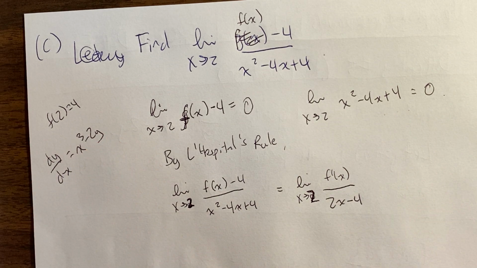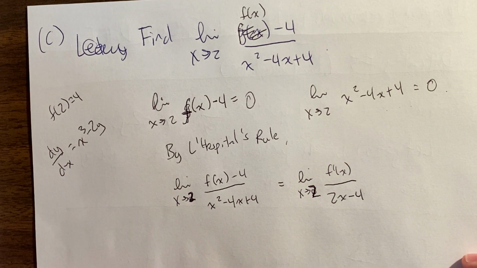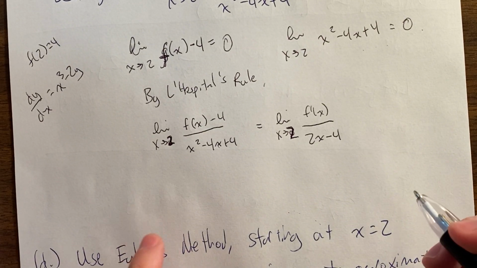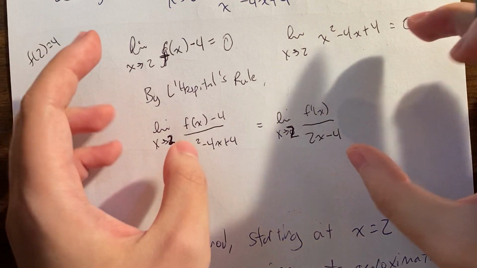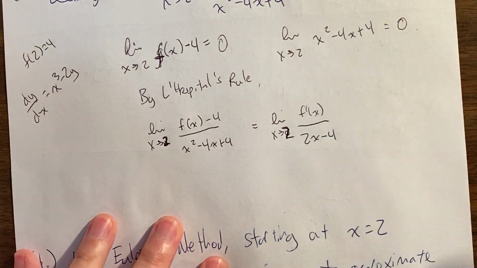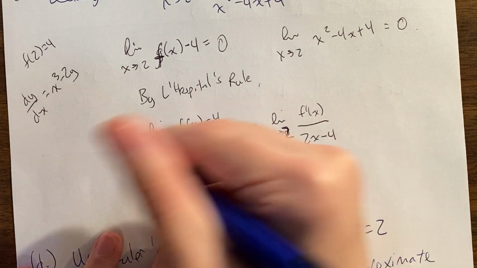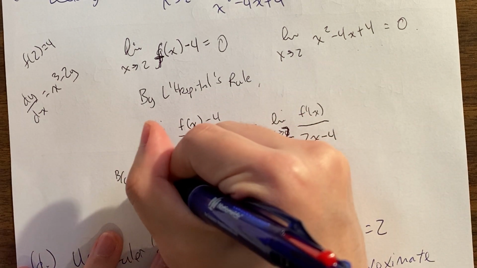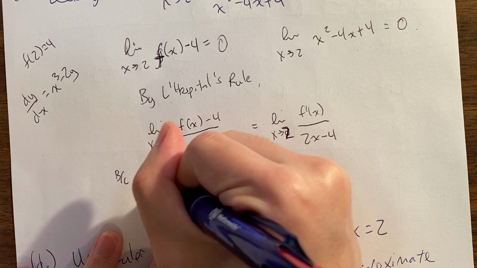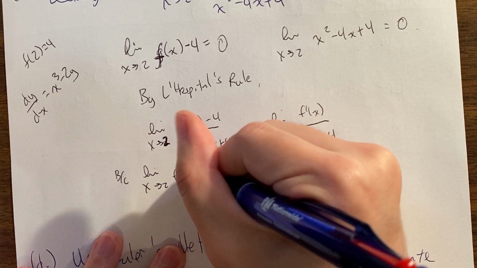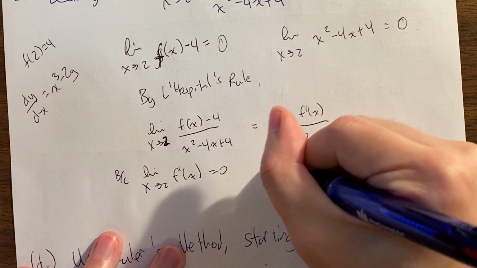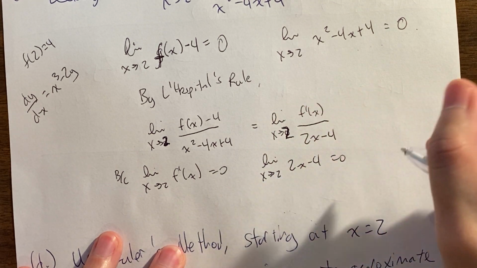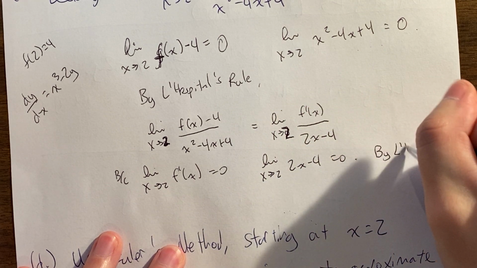So unfortunately, or maybe fortunately, this is a double L'Hopital's question. So what we're going to do is we're going to lope that tall once more, which means we have to do the same thing and rewrite all of this. So we're going to write, because the limit of the new top is equal to 0, the limit of the new bottom is equal to 0, we're going to write by L'Hopital's rule.